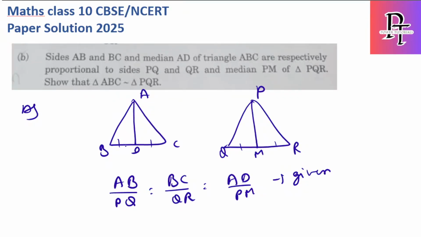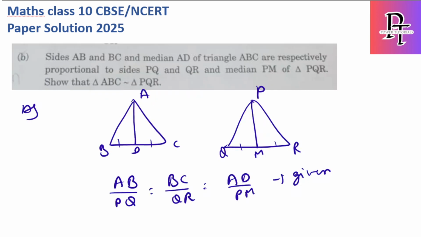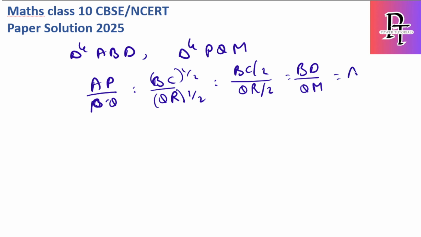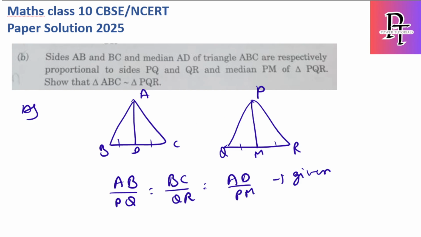BC by 2 I can write as BD and this I can write as QM. And the other side they have provided, AD by PM, is already given. So if three sides are proportional, using SSS similarity, I can say triangle ABD is similar to triangle PQM.